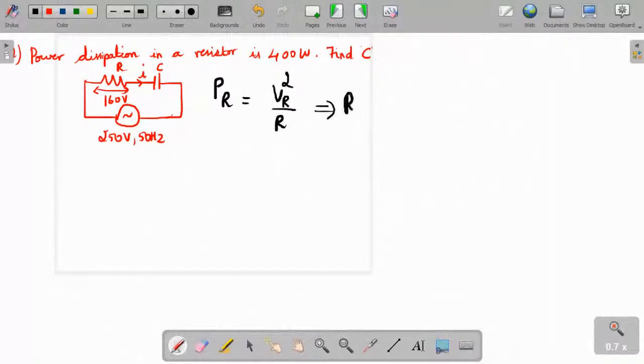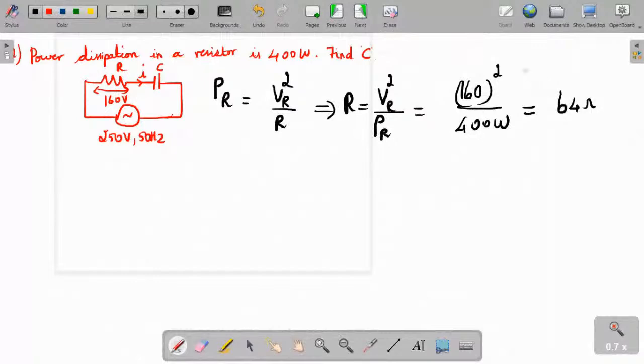R is going to be VR square divided by the power dissipated across the resistor. The potential drop across the resistor is 160 volt, the whole square, divided by the power dissipation of 400 watt. So you get the resistance value as 64 ohm.